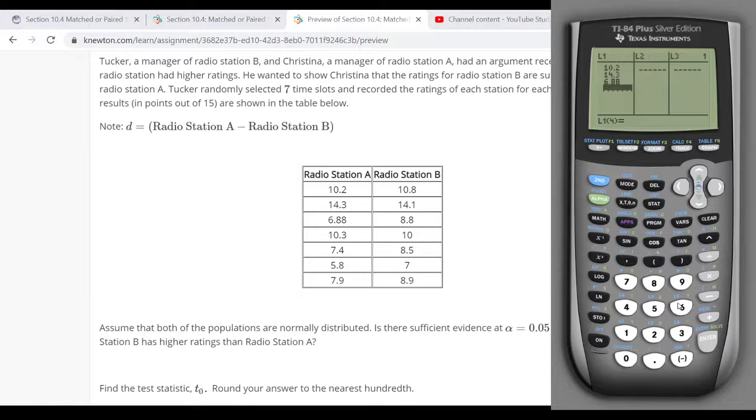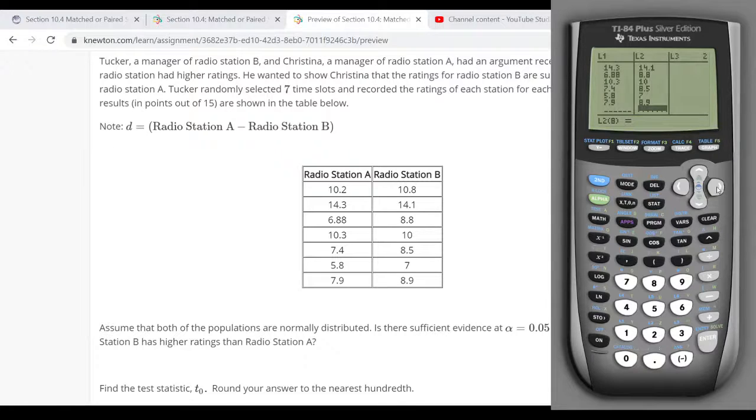And I'm also going to enter down list L2 the radio station B ratings for those same time slots. I'll pop right back when I'm done with all those. Okay, so you can see I've entered now all 7 of the radio station A ratings and all 7 of the radio station B ratings.